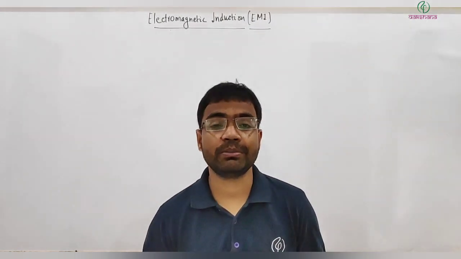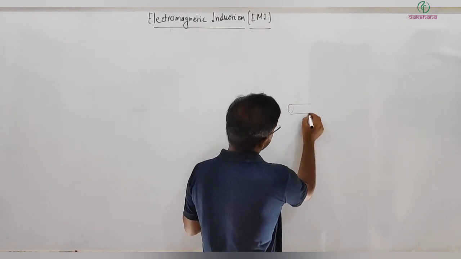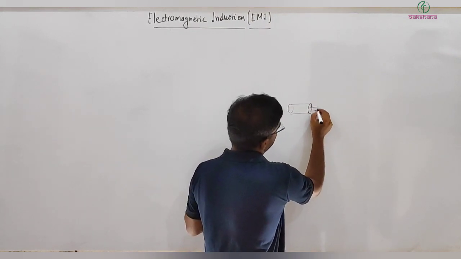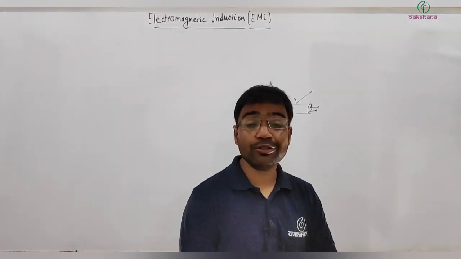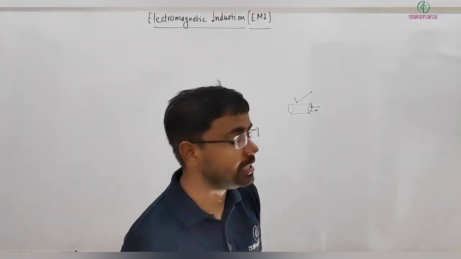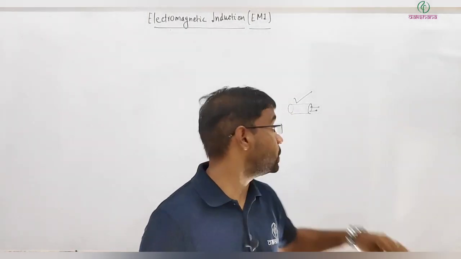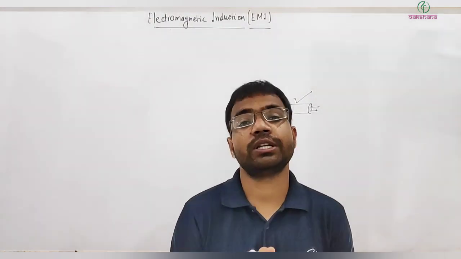I think everyone might have seen one small cylindrical element there. Many of you might have seen it. This is called an inductor. You will understand what exactly it is, how it works, and what its function is. So a lot of things are there in this chapter that we will try to understand.